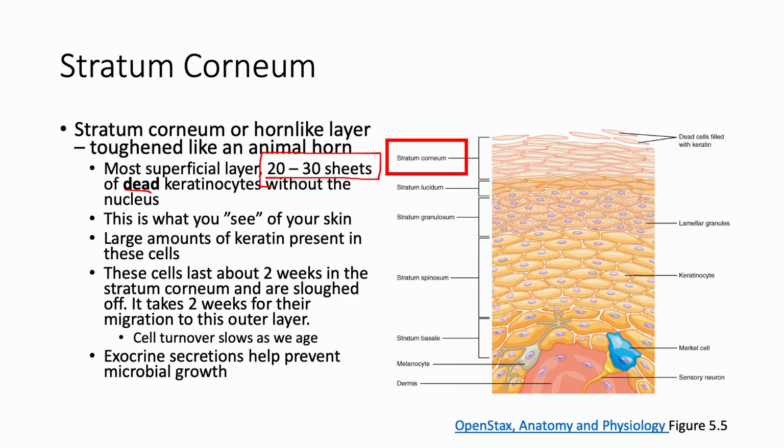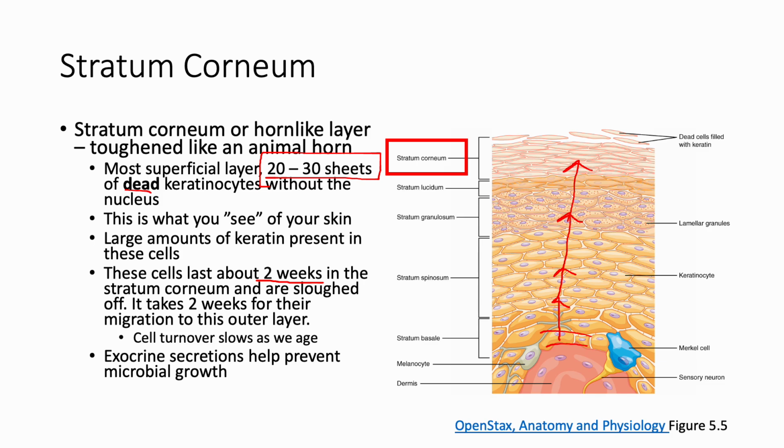As I mentioned, these are going to hang around about 2 weeks, and then they just naturally get sloughed off. So as we begin at the basal layer and those cells begin to divide and get pushed up into each layer and finally reach stratum corneum, it takes about 2 weeks from the time they originally divide from the basal layer to get to stratum corneum, and then they are there for about 2 weeks. So it's about 4 weeks or a month or so that cells hang around.